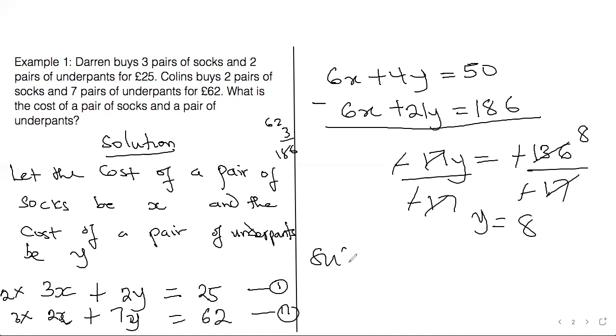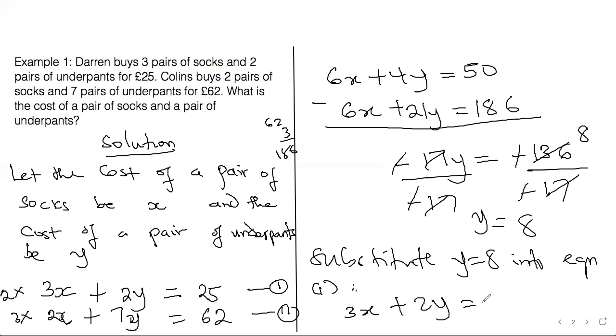If I substitute Y equals 8 into equation 1, 3X plus 2Y equals 25, then I have 3X plus 2 times 8 equals 25.